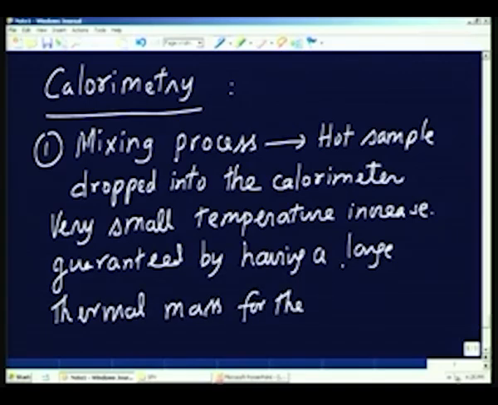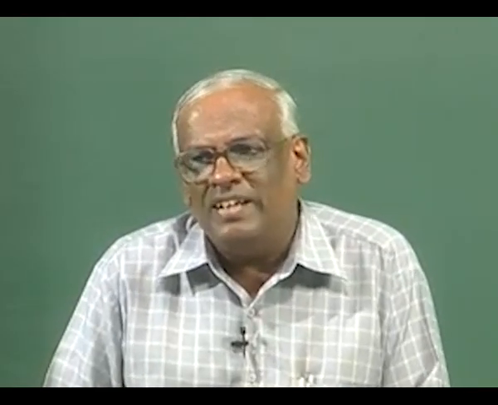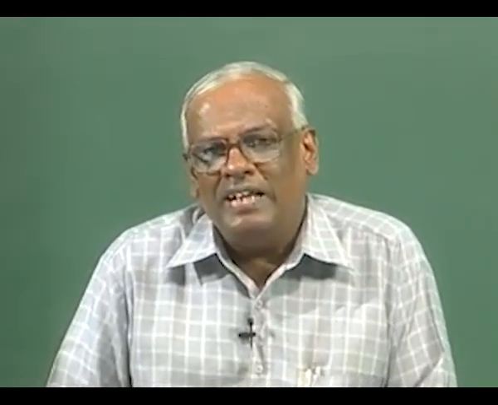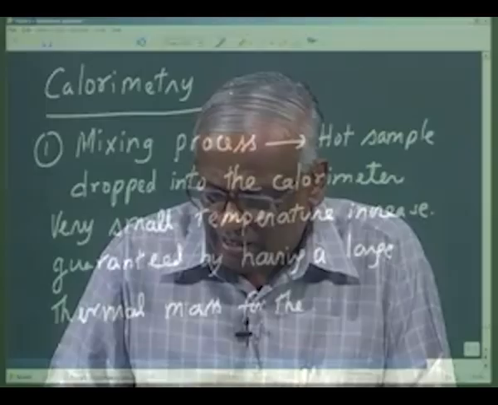The thermal mass of the calorimeter is given by the mass of the material of the calorimeter, that is the water plus the walls of the vessel, and the specific heat of each one of these. You take the product of the mass and specific heat, and that is the thermal mass of the system or the calorimeter.